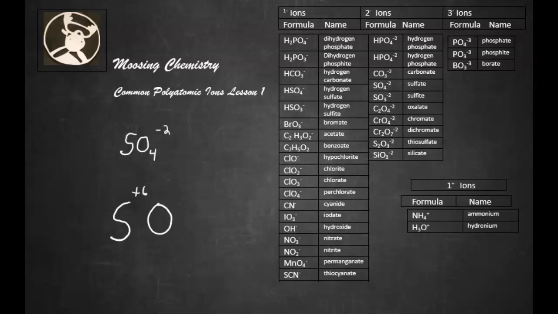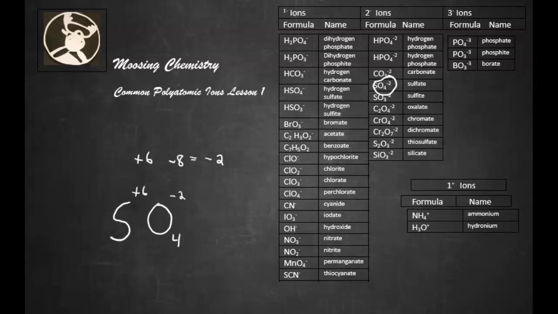So now we have a 4 here. So 4 times -2 is -8. And this is a +6. So 6 minus 8 is going to give me -2. That's why this has an overall charge right here of -2.